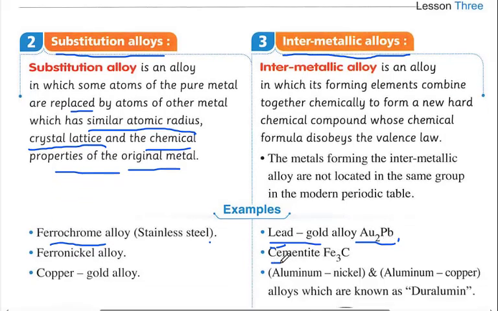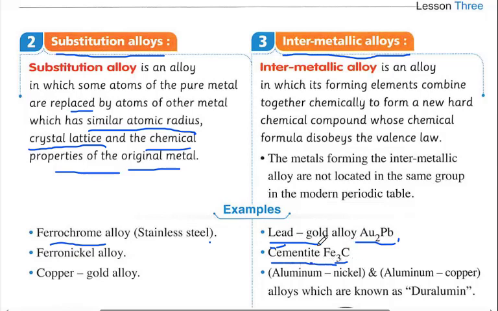Another example, cementite, it is Fe3C, and it is not interstitial. It is not a physical mixture like steel from iron and carbon. It is a chemical mixture, or a reaction forming Fe3C, a compound. So it is related to the intermetallic alloy, and this is a very hard chemical compound.